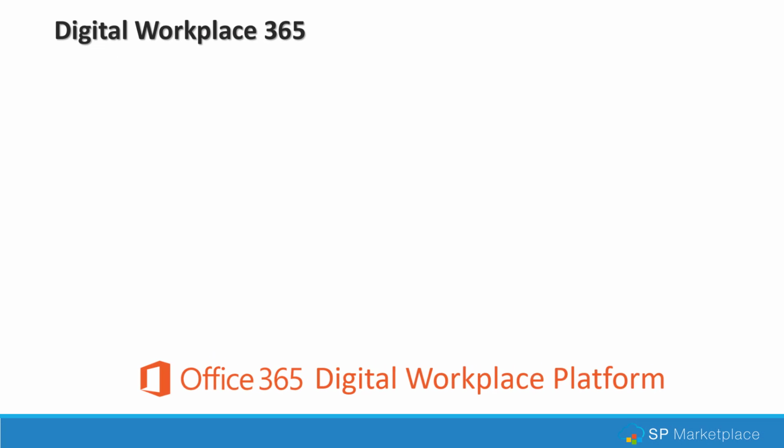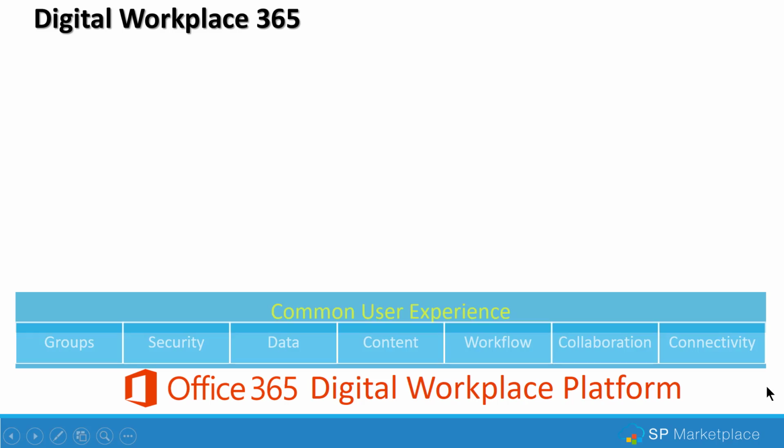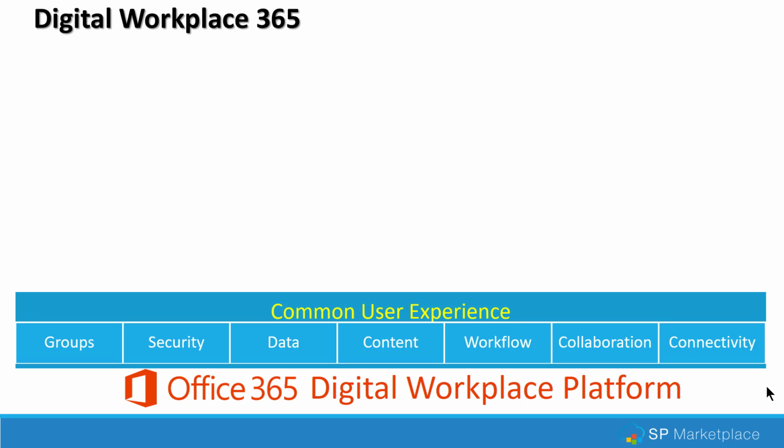So let's take a look at how that fits in with 365. Of course, Office 365 has a core set of functional pieces that allow it to power many different components of Office 365. So a common set of users, driven through Active Directory with groups and permissions and security and governance, and common sets of data like SharePoint lists or SQL.